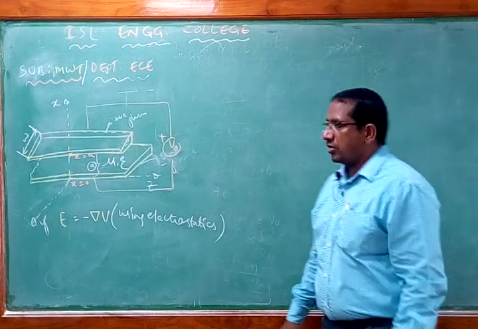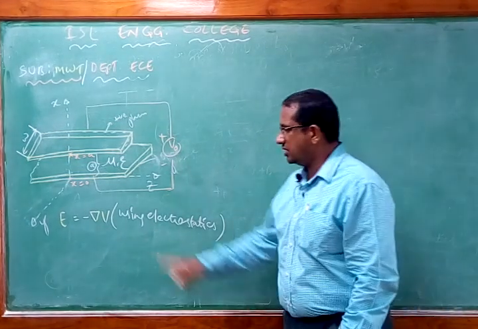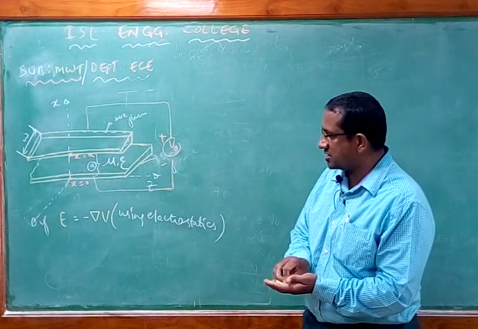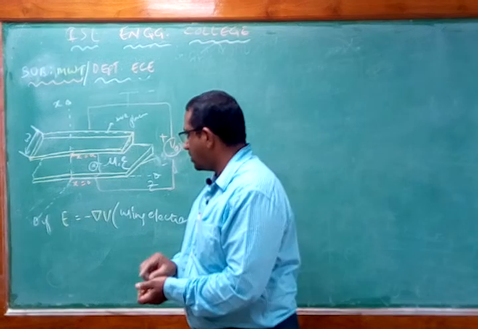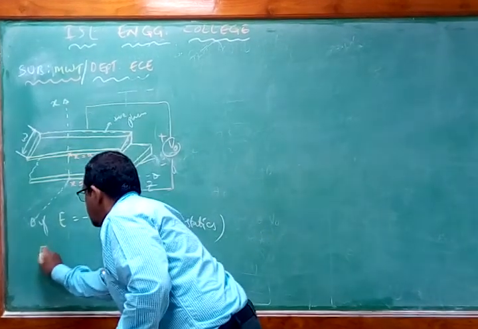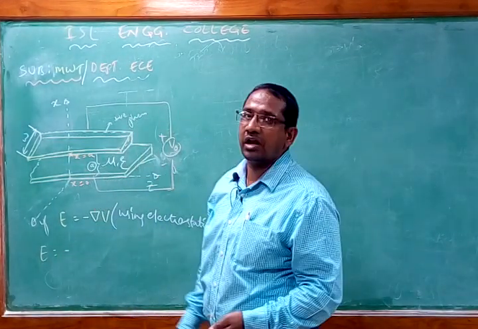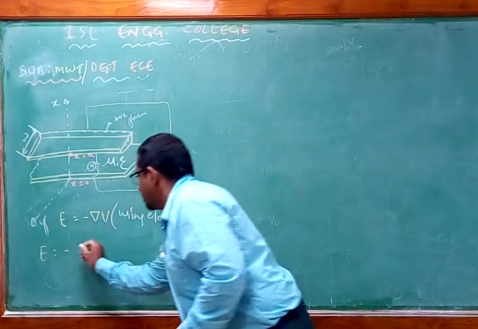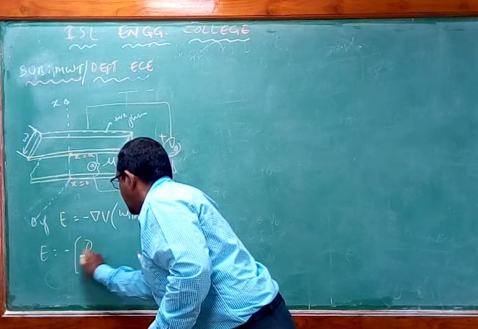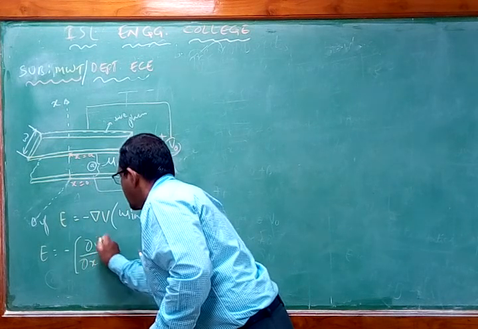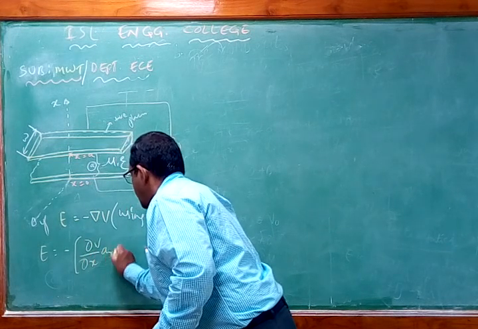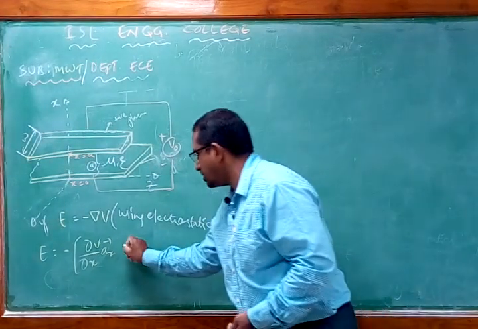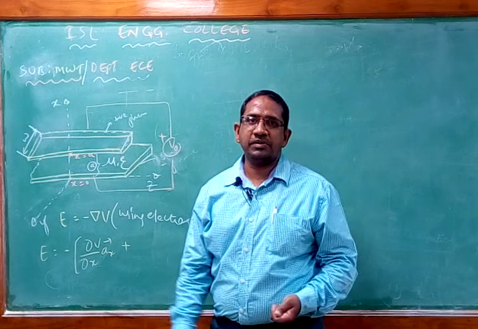Right, now from electrostatics, what can I write? E is equal to minus del V. If I write the complete form of this equation, E is equal to minus del operator. Del is a spatial operator. So this spatial operator, I can write as dou by dou x of V Ax. Along the Ax direction unit vector, we represent to get a vector representation.